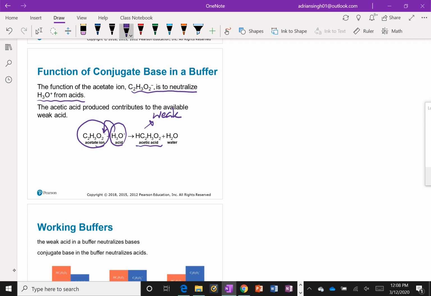So additionally, what's happening here is you've traded a strong acid that was added to the buffer system, and instead of that strong one, now we produce a weak one. So as a result, the change to the pH is minimized.